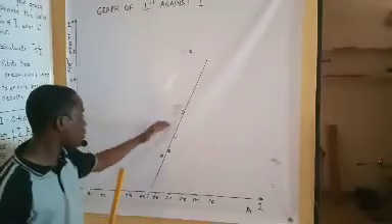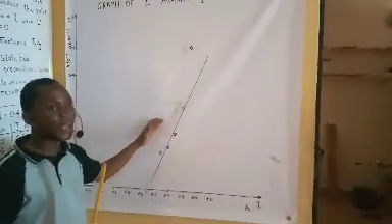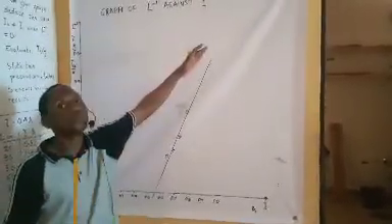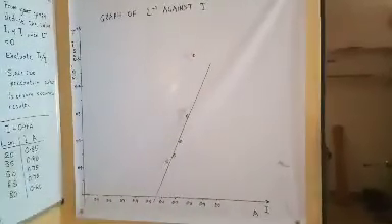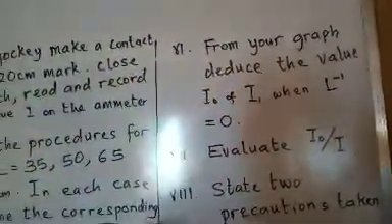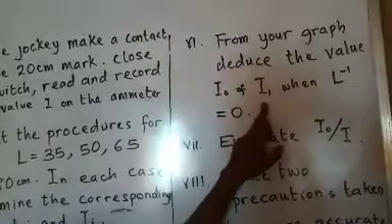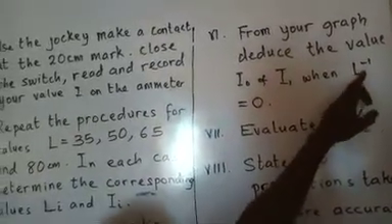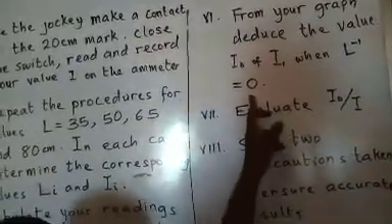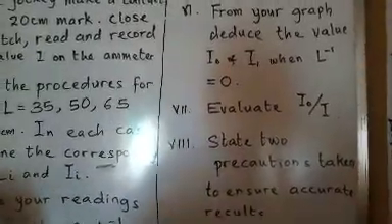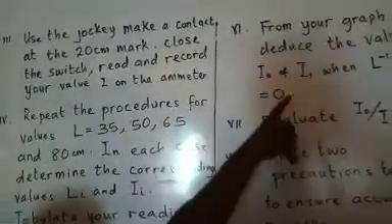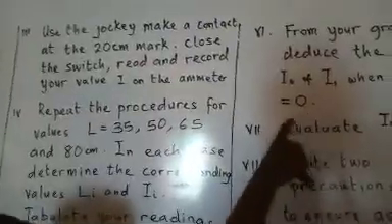Looking at it, we want to look at the next step after drawing the graph. Now, the first one, from the graph, deduce the value of I0 when L raised to the power minus 1 is 0.